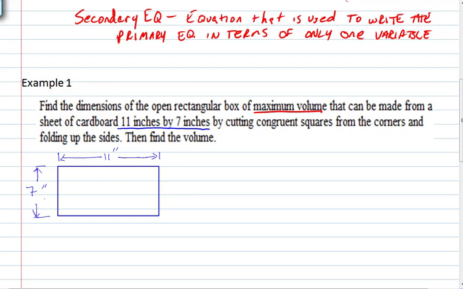And we're going to cut corners out. So we cut square corners. I don't know what exactly the size is, but we cut along the dotted lines here and fold up the sides.